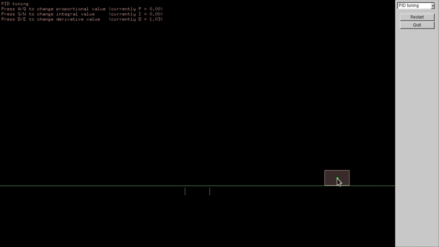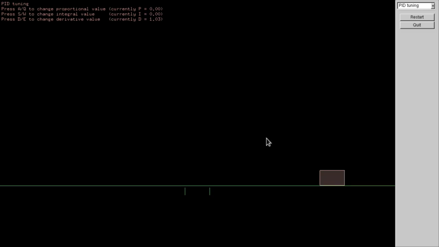So if I'm over here and I move it to the left, the thrust is actually going to push the block to the right. So if I just give it a little shove and let it go, you'll see that the result of responding to the rate of change of the position is that it slows it down and just makes it stop somewhere. But because it's not reacting to the error itself, it doesn't care where it's going to stop. So it'll just stop somewhere.